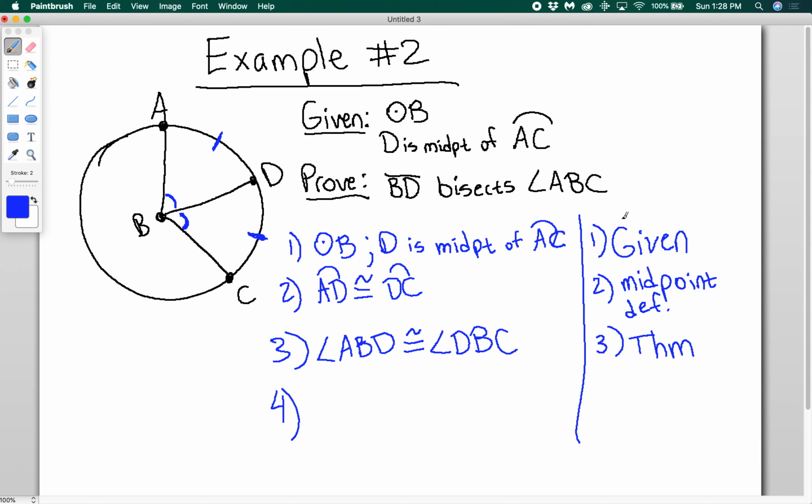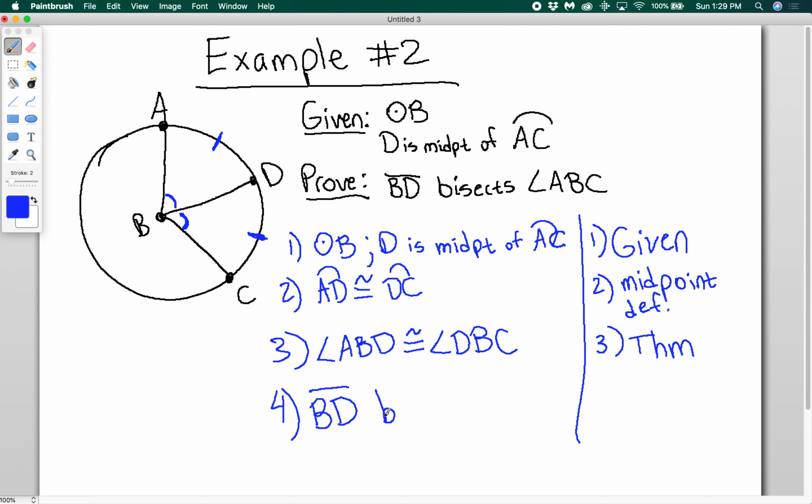And just keep in mind, if you're doing this in class, you can't just write "theorem" next to whatever you write. You have to write out the theorem that makes it true. I'm just doing this because it's a pain to write on this interface, but it's the theorem that we just talked about, where if two arcs are congruent, then all the other stuff is congruent. Okay, and then the last thing we can do is say, well, if this is the same as this, then BD must bisect angle ABC, which is what we were trying to prove.